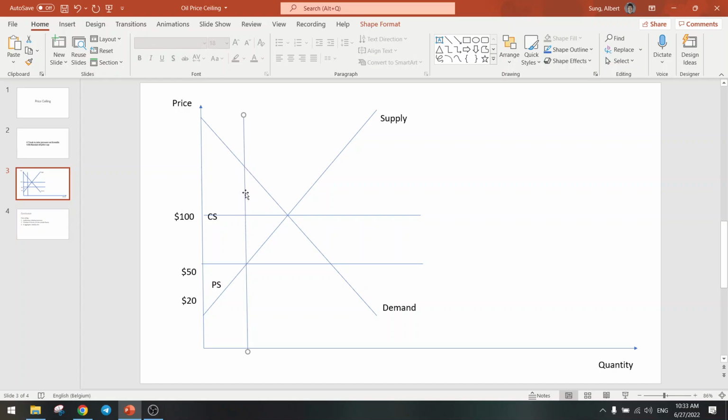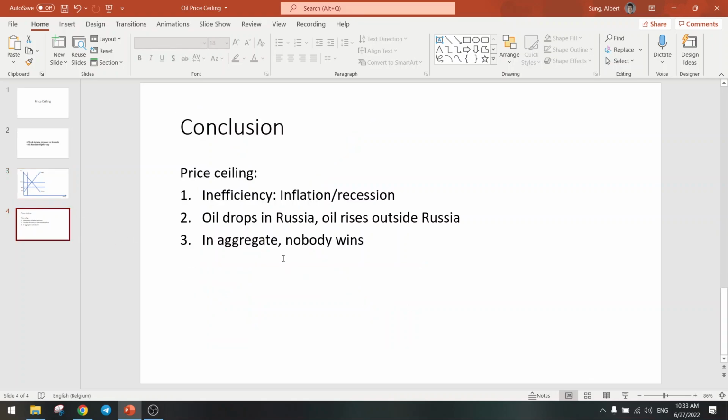So this is actually lost in the economy due to inefficiencies. And some of the surplus went to the consumer, and a lot of surplus has been lost for the producer. But in aggregate, nobody wins. So it's very important to know these dynamics because it will determine the oil price and also determine the outlook for the economy, which is probably recessionary.